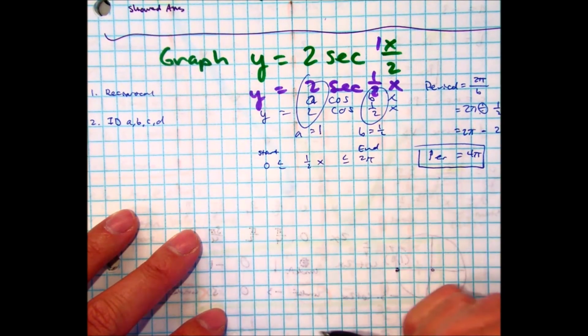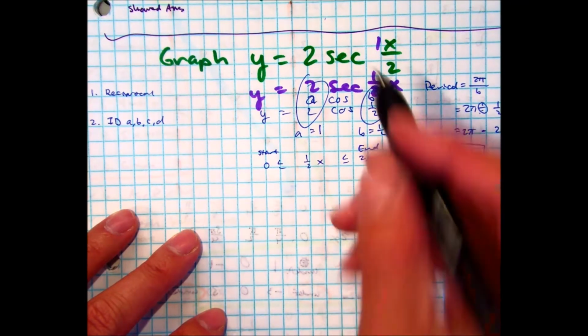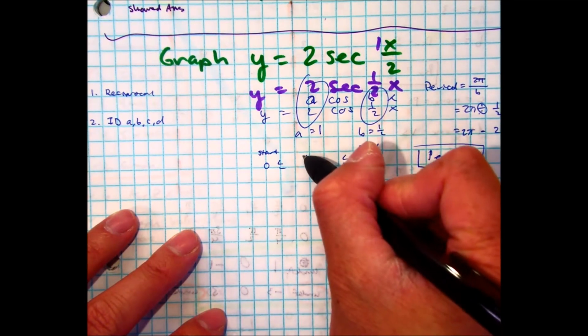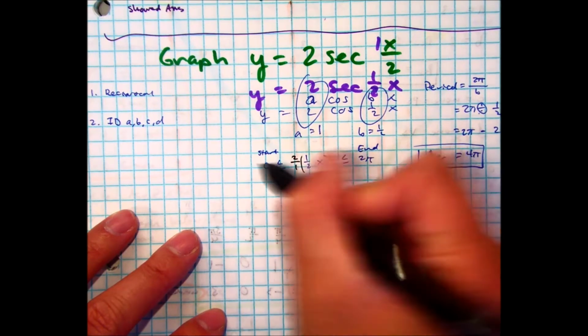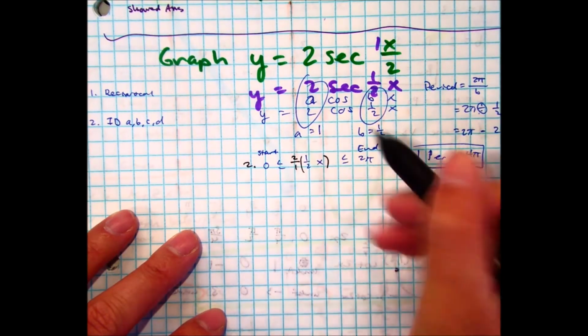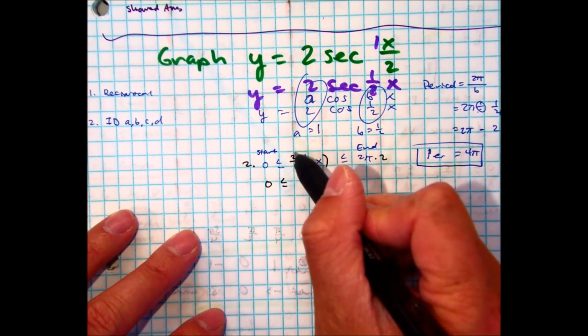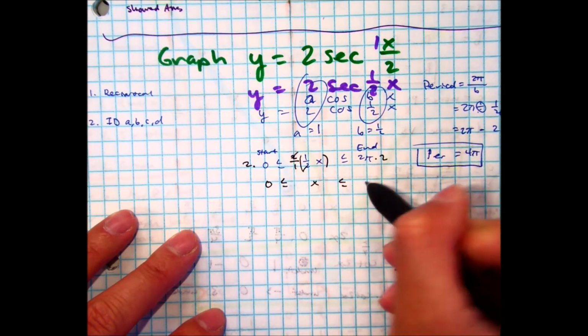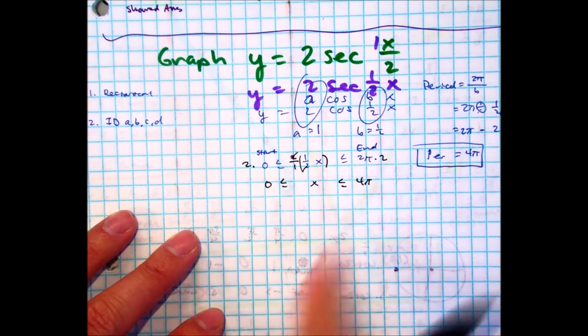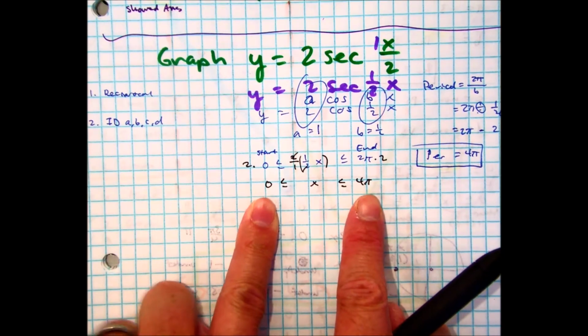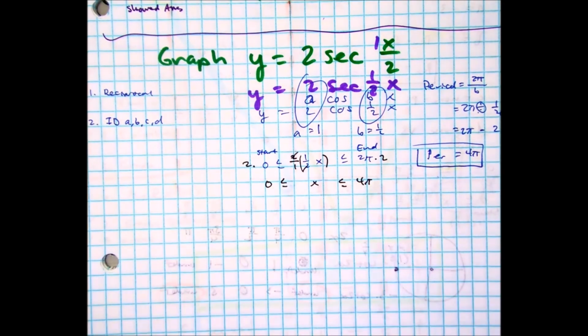Brian, how do I get rid of the 1/2? By multiplying by the reciprocal. And I get 0 less than or equal to x less than or equal to 4 pi. So this tells you very specifically where to start and where to end.